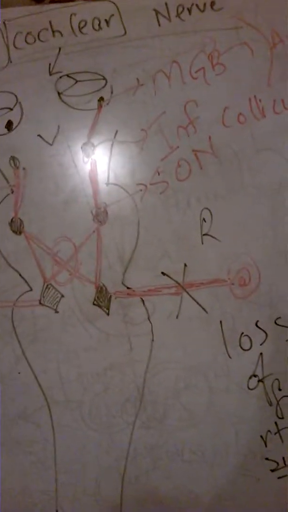It's going to result in loss of hearing from the right side only, a unilateral loss of hearing, because the left nerve and the left nuclear complex are intact. Nothing is going to happen on the left.